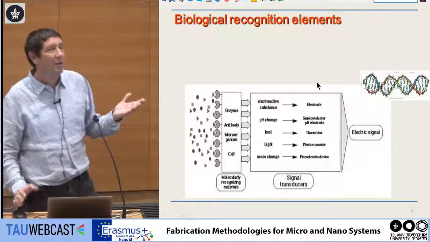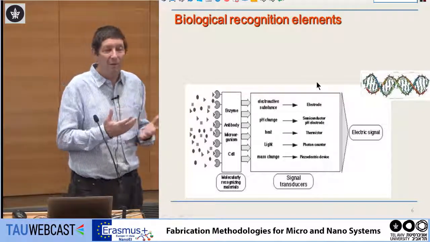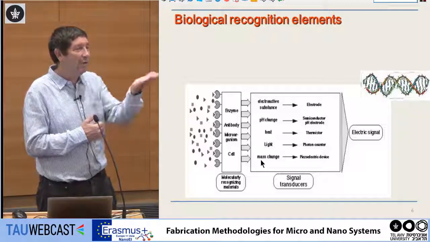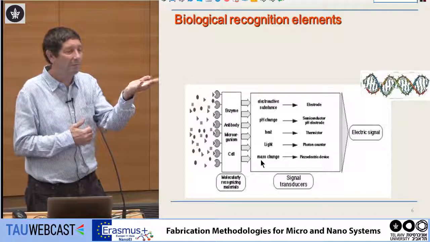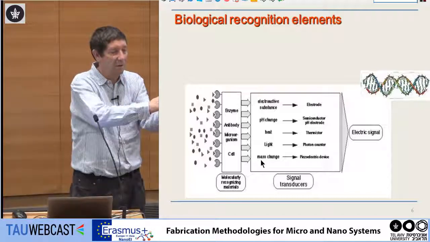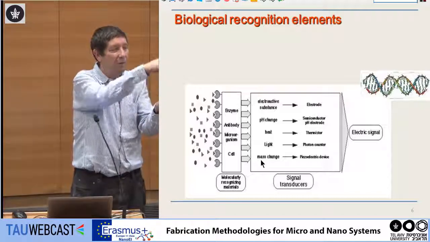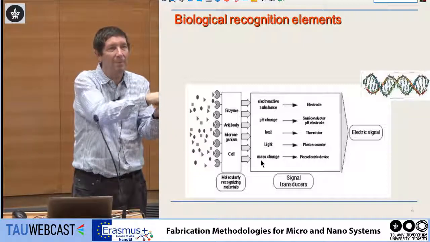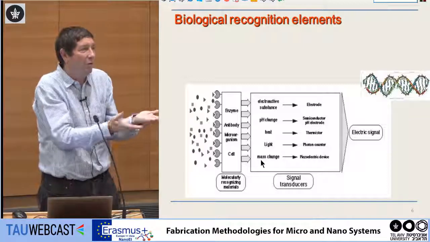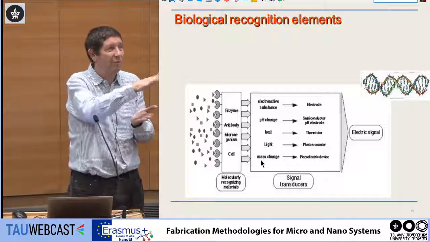One very interesting device is where you measure mass: you micromachine a very small silicon beam, and when molecules are attached to the beam, you change the mass. Now you know how to detect mass, because you measure the vibration frequency.